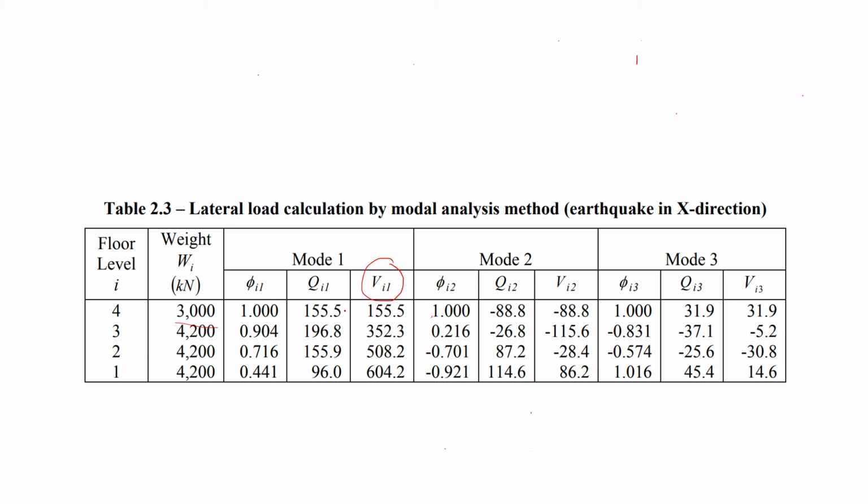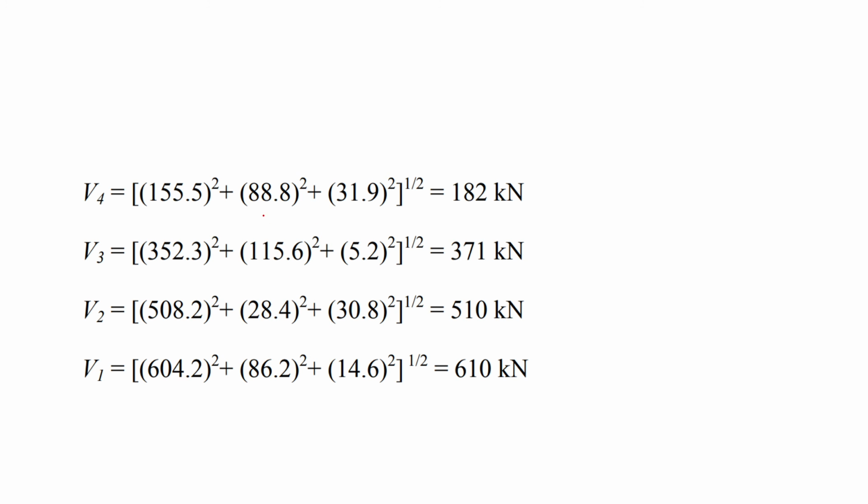Take this shear value directly, then add this value, you'll get this value, add this value, you'll get this value, add this value, you will get this value. Same process here. As we have calculated the shear, the same way you have to carry out this process. Now next is calculating the shear.